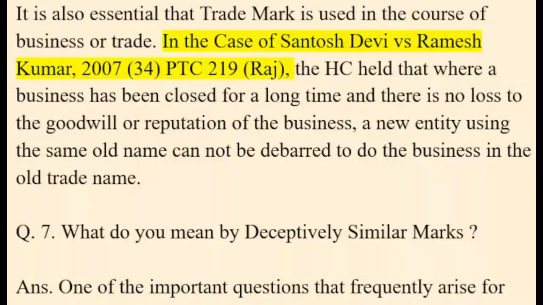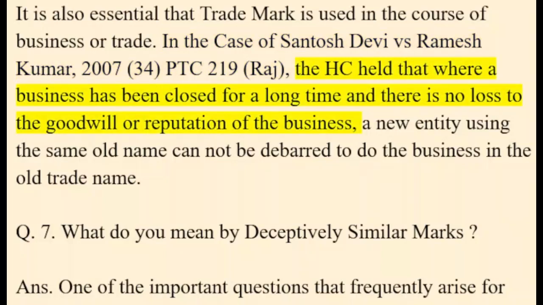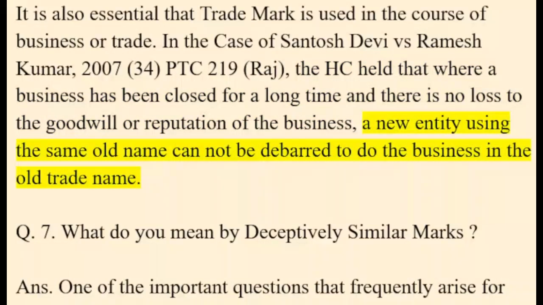In the case of Santosh Devi vs Ramesh Kumar, 2007, 34 PTC 219 (Raj), the HC held that where a business has been closed for a long time and there is no loss to the goodwill or reputation of the business, a new entity using the same old name cannot be debarred from doing the business in the old trade name.